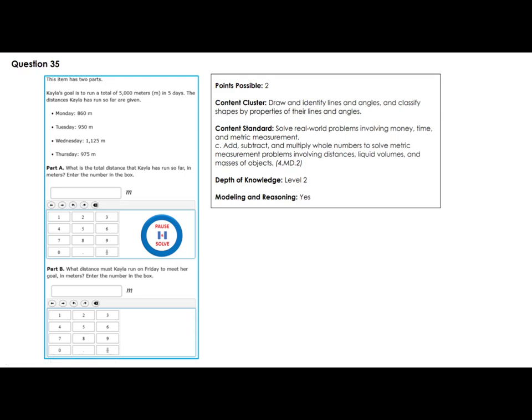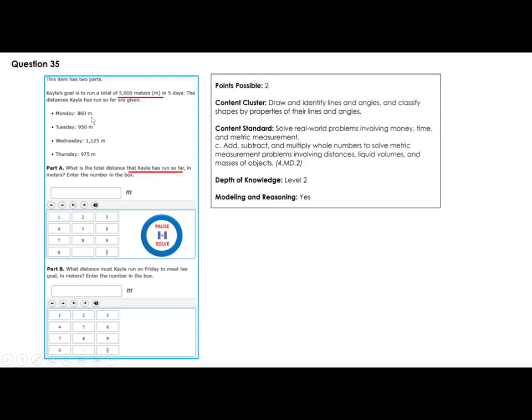This item has 2 parts. Kyla's goal is to run a total of 5,000 meters, okay? She wants to run 5,000 meters in 5 days. The distances Kyla has run so far are given. Okay.